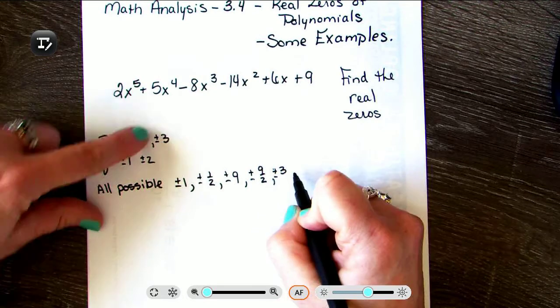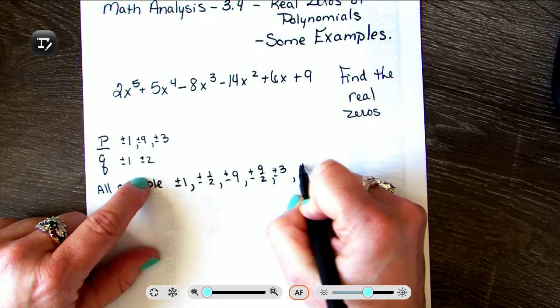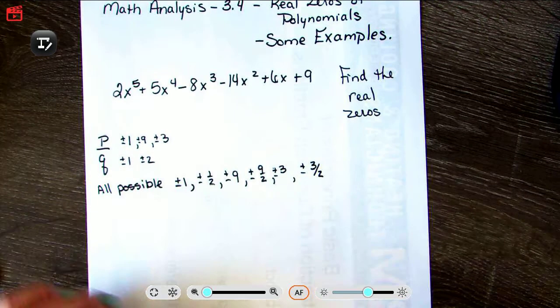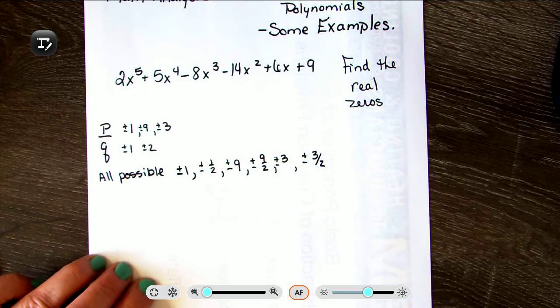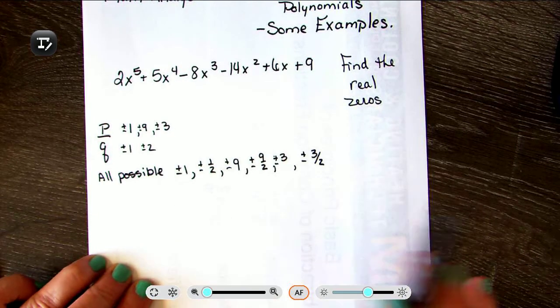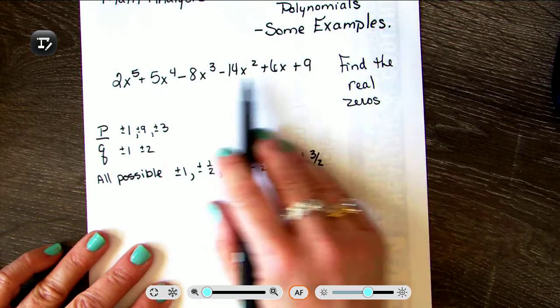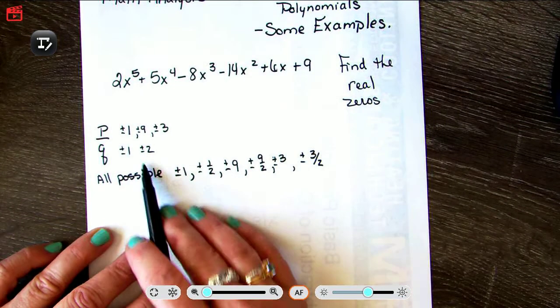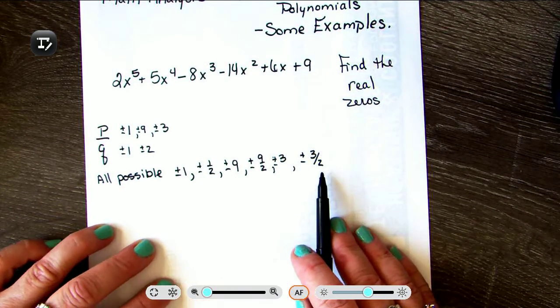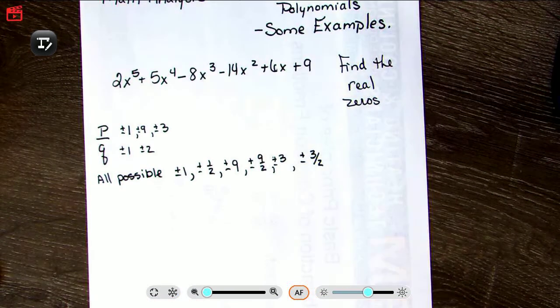And we could have 3 over 2. So there's all of our possible rational zeros. Not all the possible real ones, but all the possible rationals. Since we had integer coefficients, rational zeros will look like this. These are the only possibilities for rational numbers.